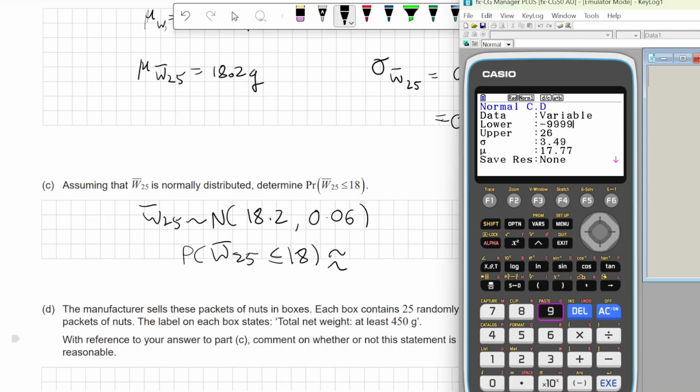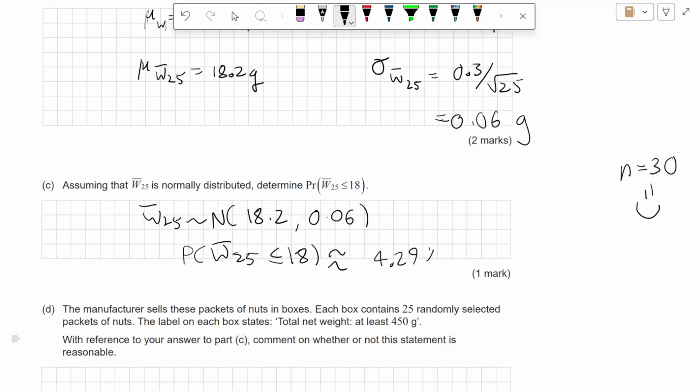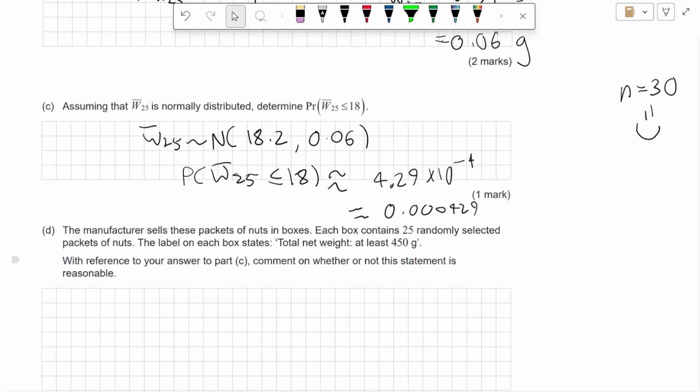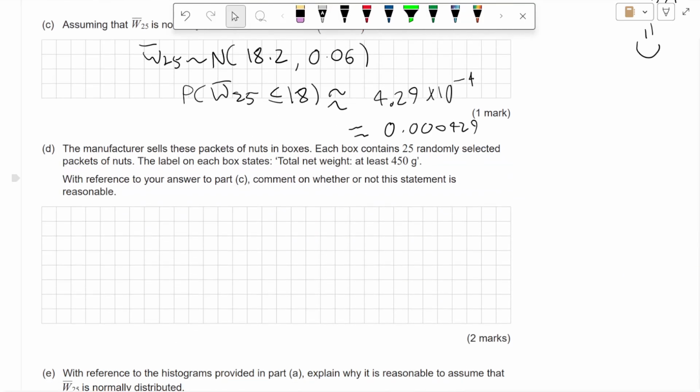Our lower is minus a whole bunch of 9s, our upper is 18. Standard deviation 0.06, mean 18.2. Done. Execute. So 4.29 times 10 to the minus 4. If you want, that's roughly equal to 0.000429. So very small.